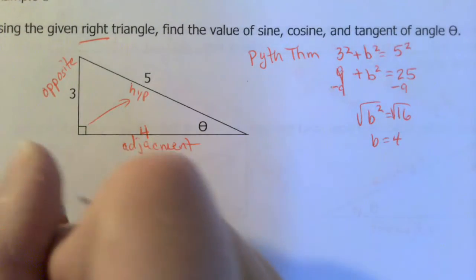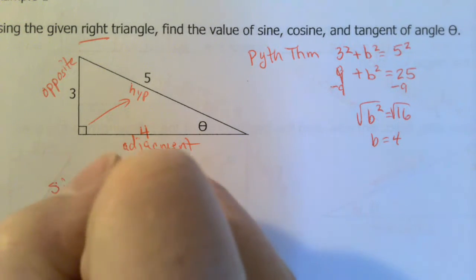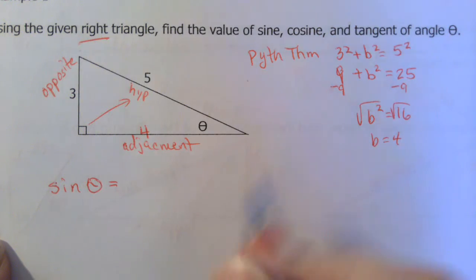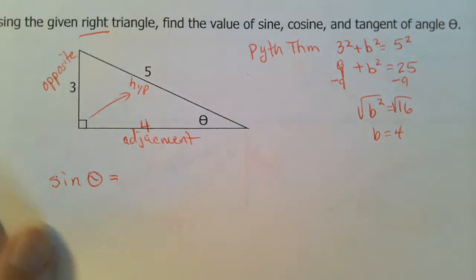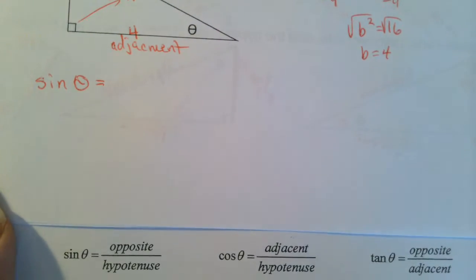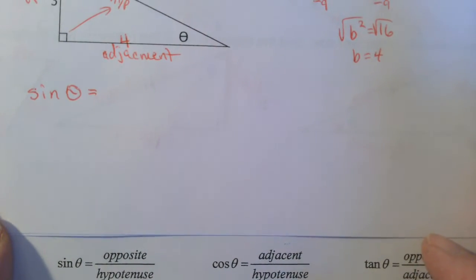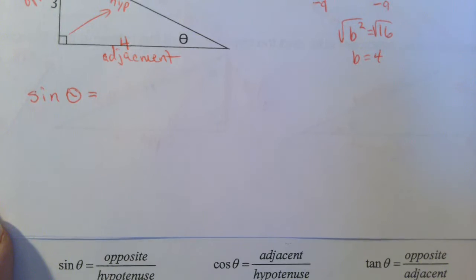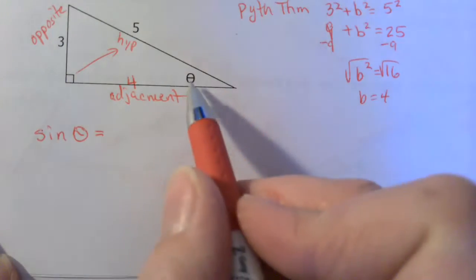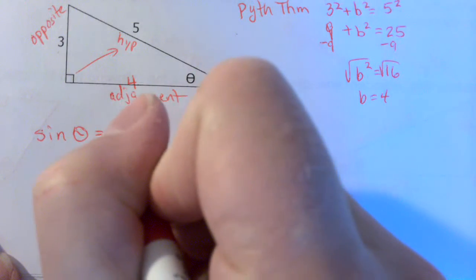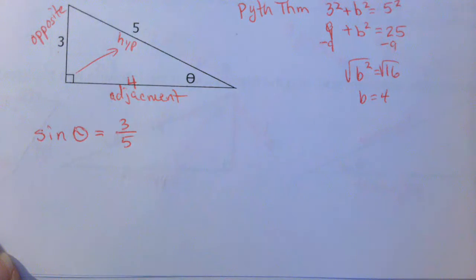So sine of theta is equal to, and if you look at your sheet, let's just keep the sheet right here with us, sine of theta is equal to opposite over hypotenuse. So my opposite side is 3, my hypotenuse is 5. And that's it.